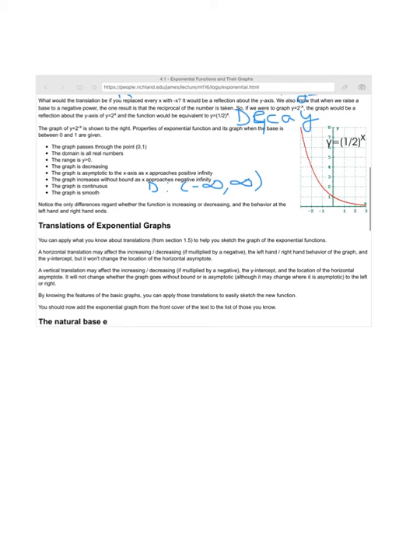My graph is approaching that but not going over it. My range is still from 0 to positive infinity, because the smallest bottom of my graph is still 0 down here, and the top is positive infinity up here.